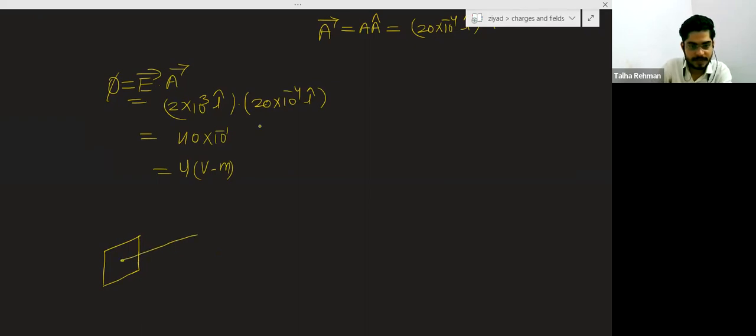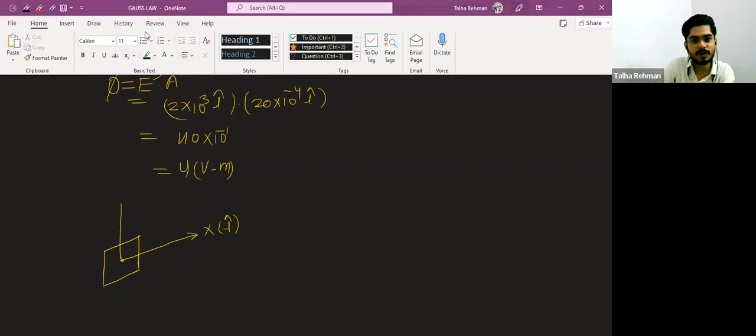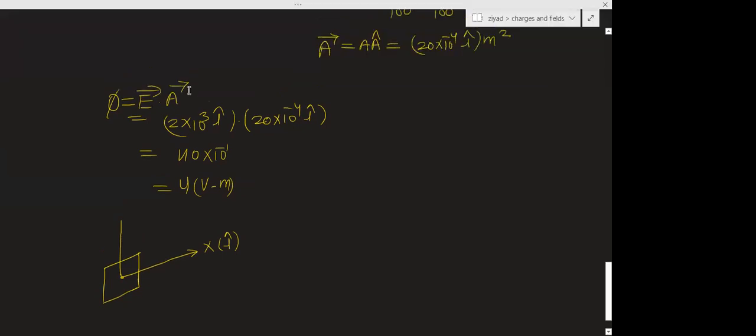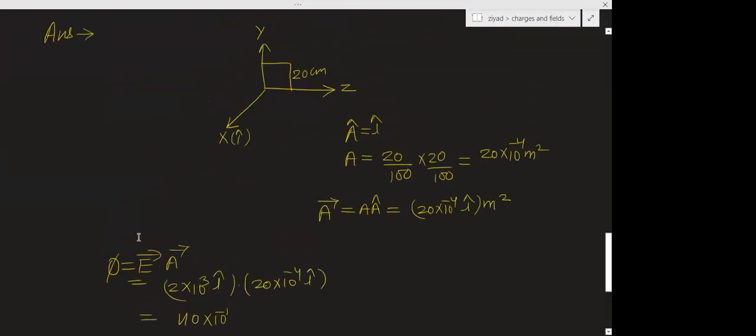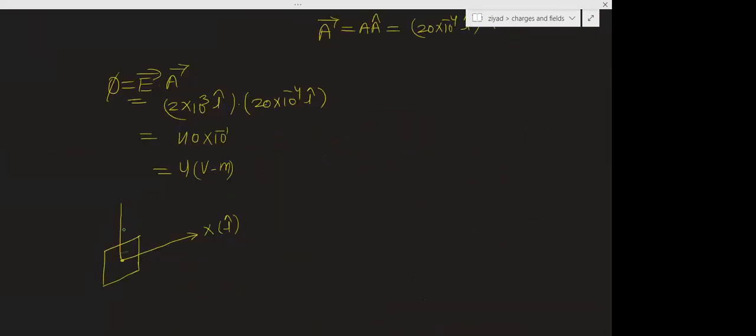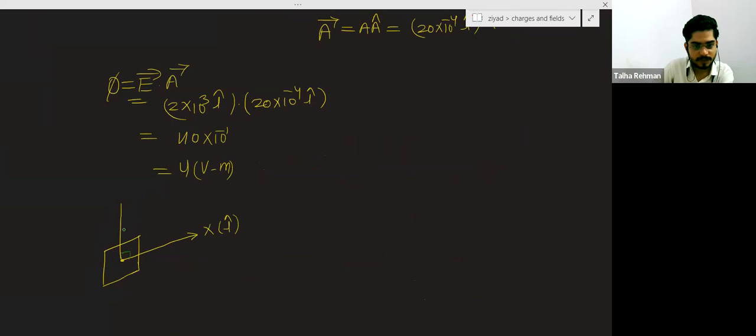Just suppose this is your x-axis in this direction, meaning I cap, and the plane of the area is this. They are saying this plane of area makes an angle of 30 degrees with the x-axis. So this is the x-axis, and this plane of area is making an angle of 30 degrees with the x-axis.